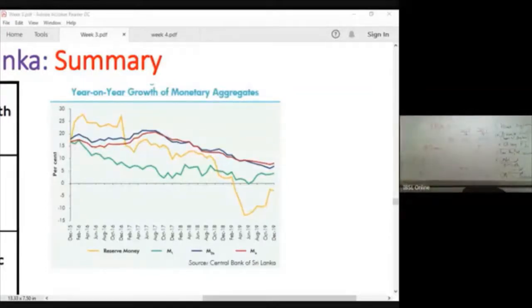So how do you calculate growth? You take the difference between P1 and P0 divided by P0. This equation helps us calculate year-on-year or point-to-point growth of any variable. Now, from this example, you can easily calculate the monetary growth.